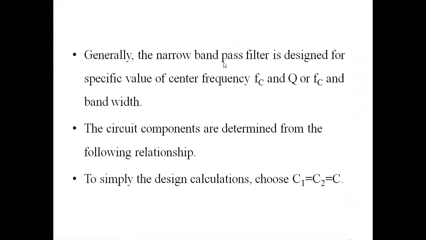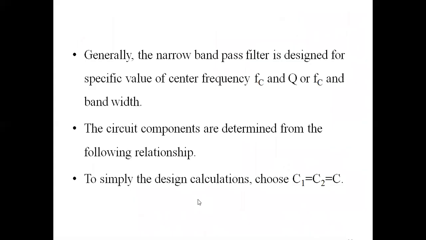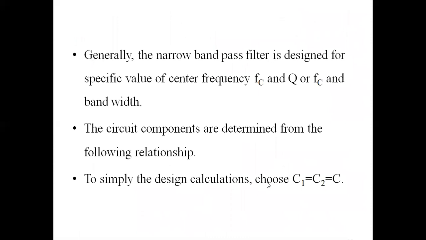Generally this narrow band pass filter is designed for a specific value of center frequency FC and the quality factor Q, or in other words, FC and the bandwidth, that is FH minus FL.